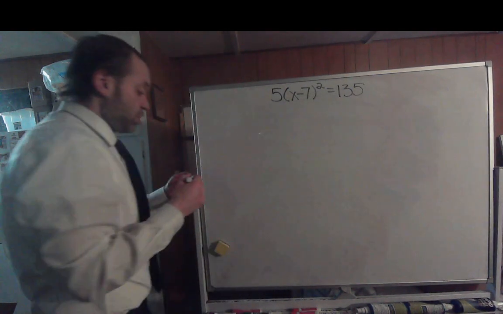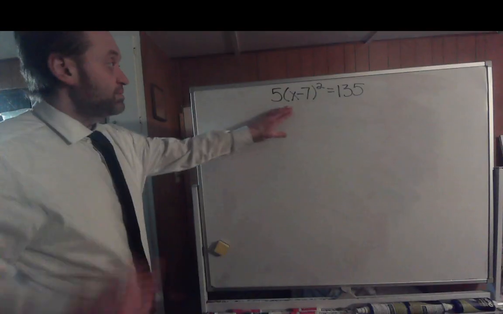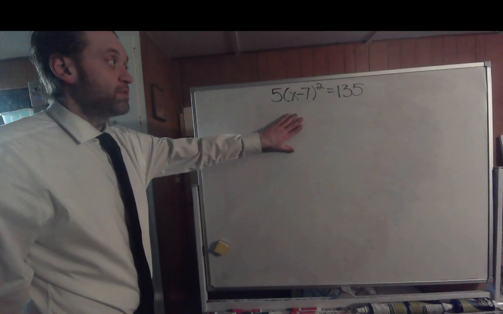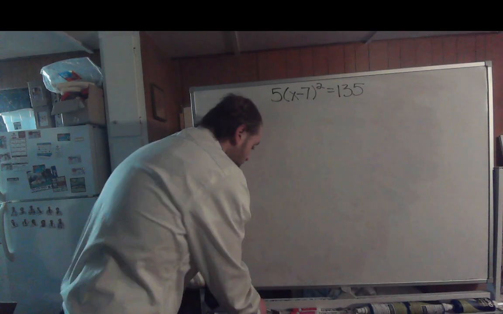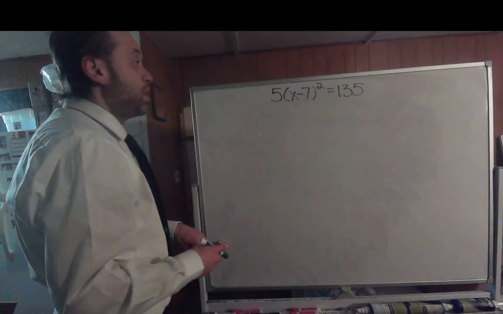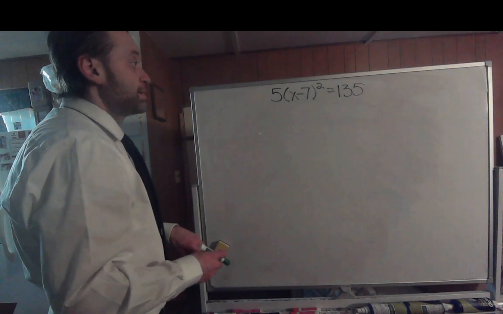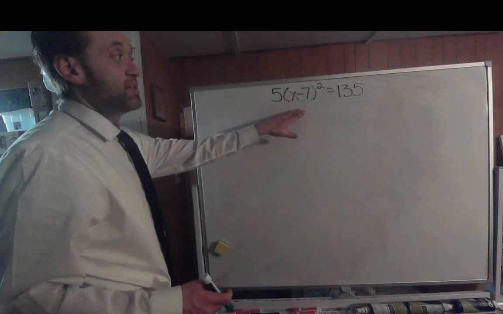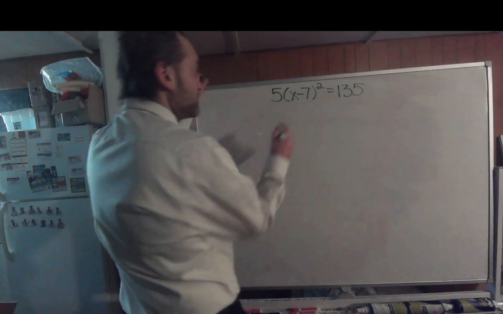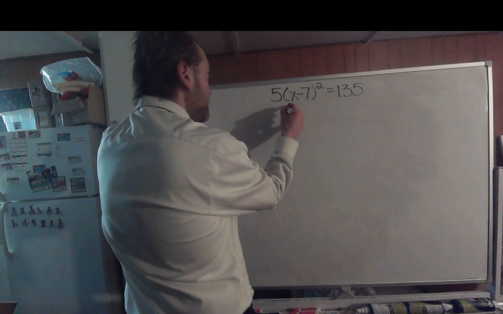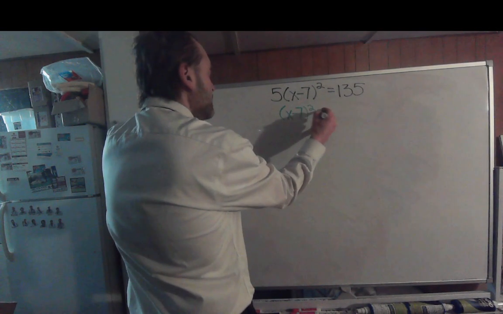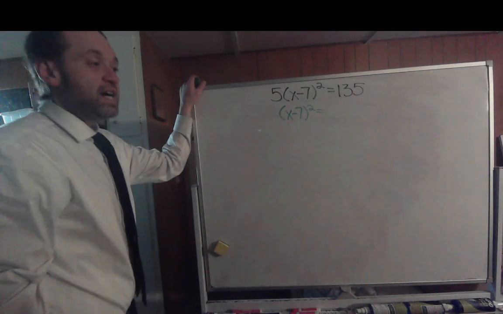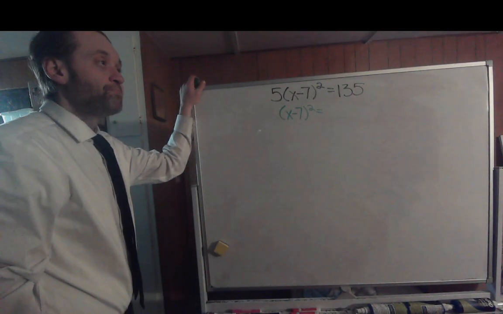All right, so 5 times the quantity of x minus 7 raised to the second power equals 135. Well, first, why don't we get that x minus 7 to the second power by itself? So divide both sides by 5. On the left, you'll just get x minus 7 raised to the second power equals 135 divided by 5.